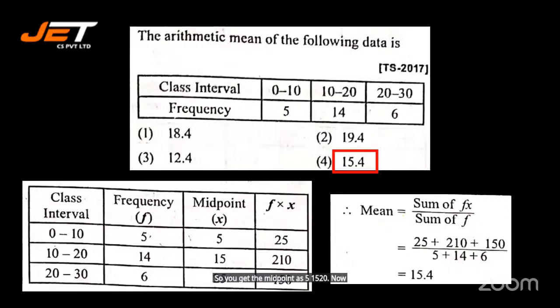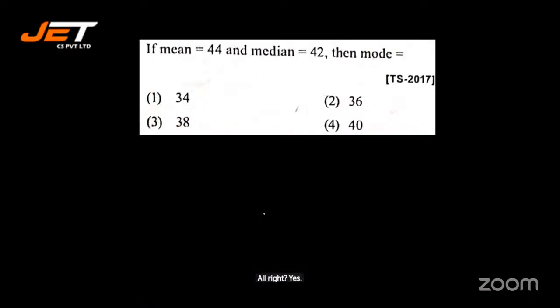Now you have to multiply f into x, that is frequency into the midpoint: 5 into 5, 14 into 15, 6 into 25, which will give 25, 210, 150. Right? So now what is the mean? Sum of fx, that is the total, divided by sum of f, that is 5 plus 14 plus 6, which gives 15.4. All right? Yes, good.